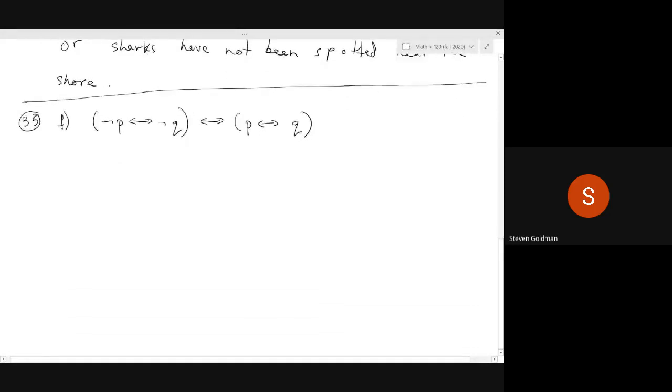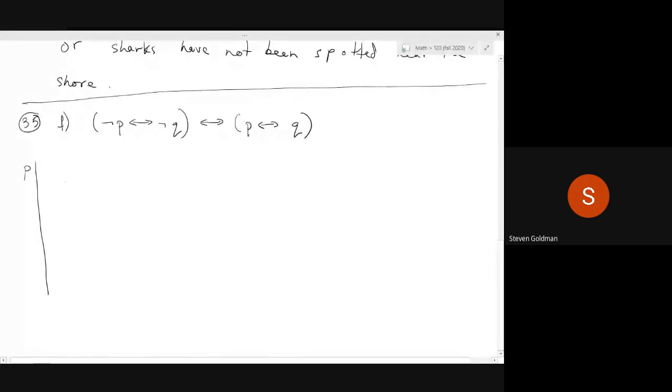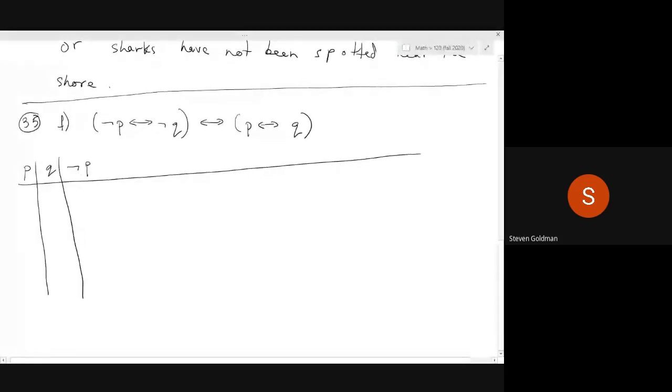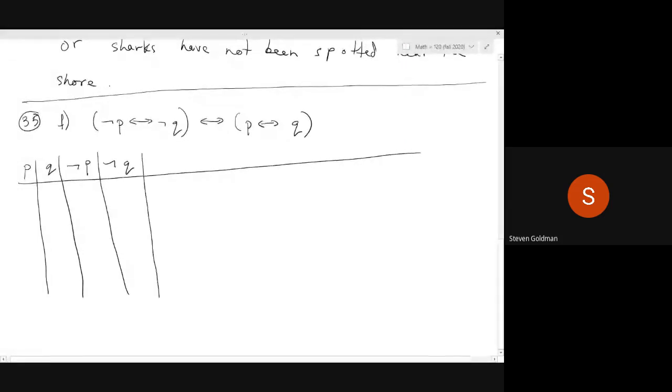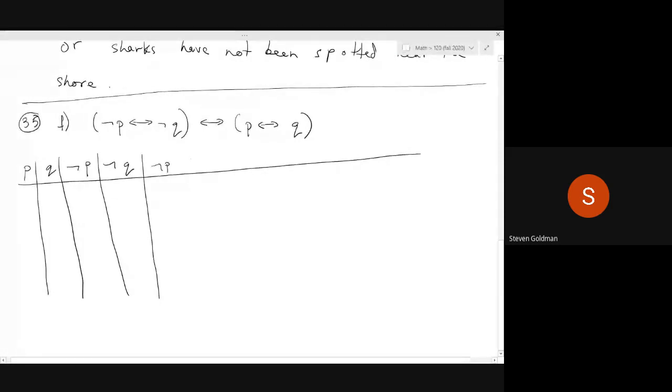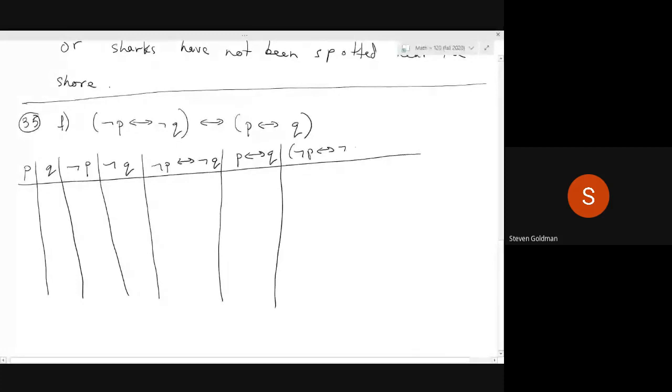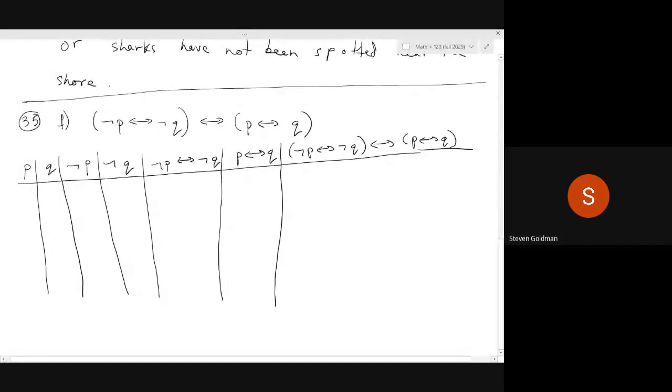Okay, so to construct a truth table for this, I start with the variables P and Q. I have a not P and a not Q, so I do that next. I have a not P if and only if not Q. I have P if and only if Q. And then I have my entire statement: not P if and only if not Q, if and only if P if and only if Q. All right.